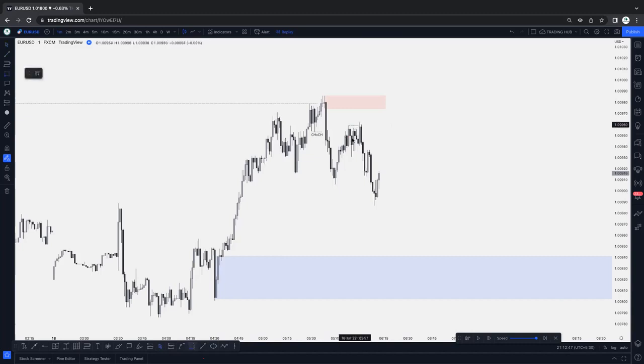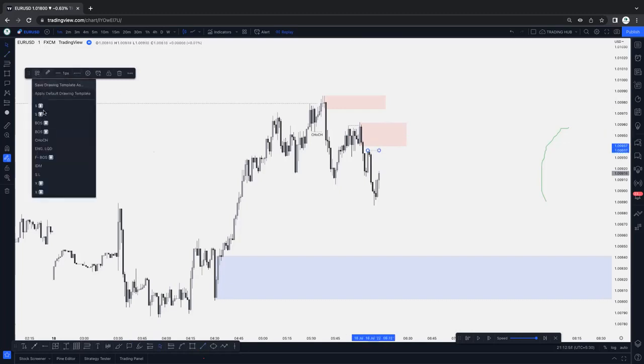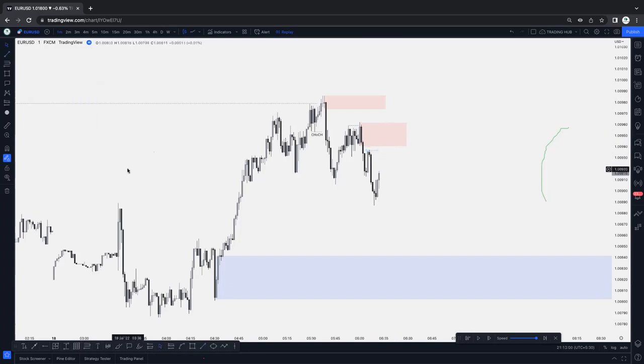This is the area where we can take a risk for the sell. Why? Because this one is your inducement, correct? And this one is your inducement, so we can sell here. At this time, this is your high probability zone for the sell.